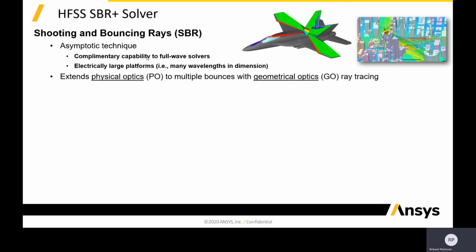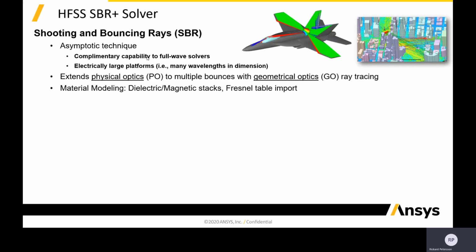And SBR extends that by allowing the incident wave to reflect off this structure, and it sets off basically rays, as you can see here. And the direction of those rays is dictated by geometrical optics. And there's lots of detail that goes into this solver, but at a high level, that's basically what it is. And the geometry complexity goes down. It's more expecting large, smooth surfaces, not tiny, small details.